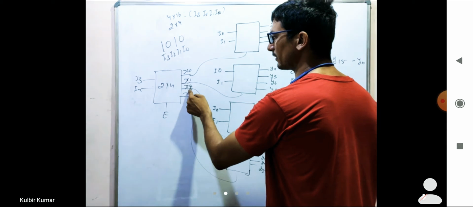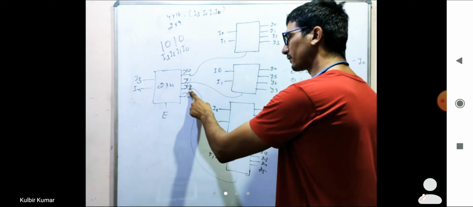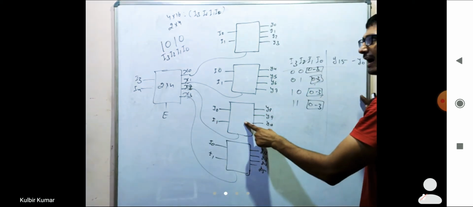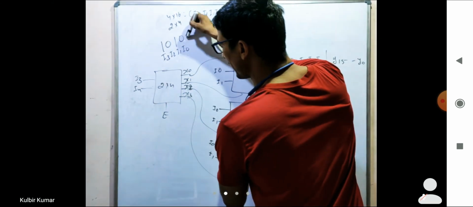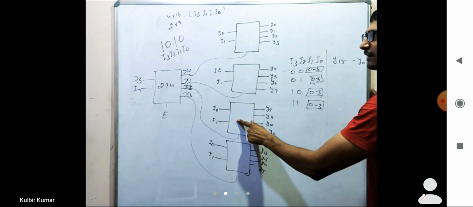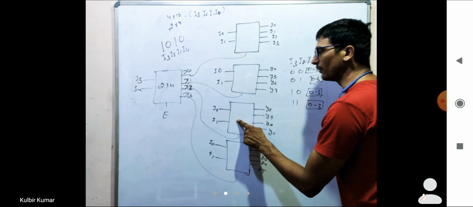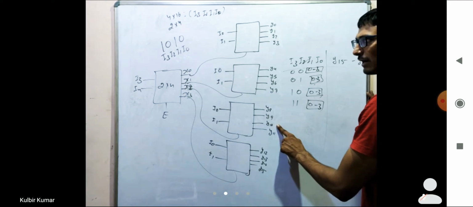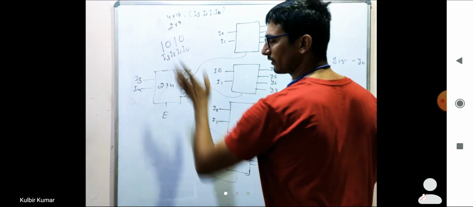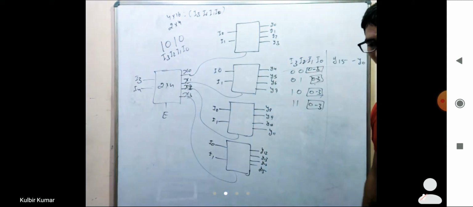If it is 1 0 then X2 will be the output. If X2 is the output then this decoder is enabled. If this decoder is enabled, now consider the next 2 bits, I1 and I0. If I1 and I0 have value 1 0 then the output is the third one, that is Y10. So with this bit combination we should get Y10, and here also I am getting Y10 only.